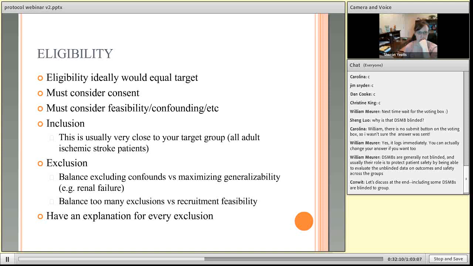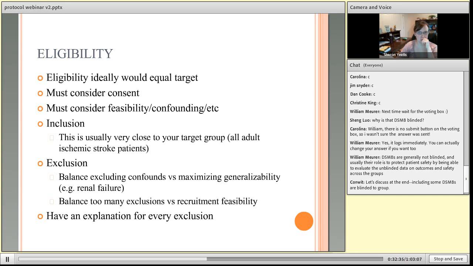So as Sharon talked about, you have these potential confounders, and one of your options is to say, if the confounder is, for example, renal failure, so I have renal failure on the slide, if that's potentially confounding in my disease, if you have renal failure or not, one of my options is to say, I'm just going to exclude everybody with renal failure. Then it's really clean, right?